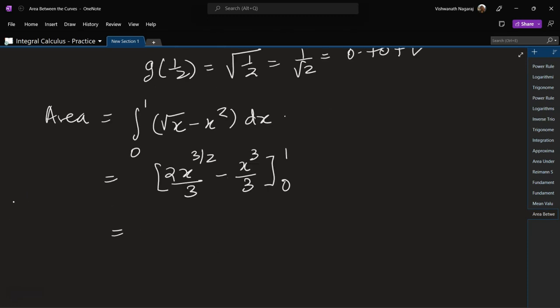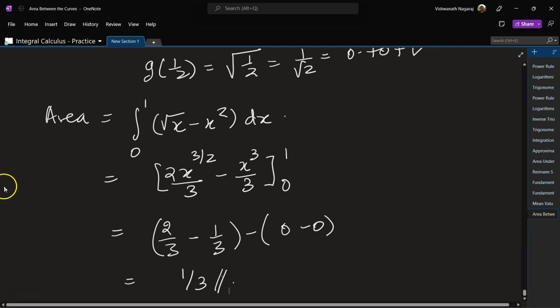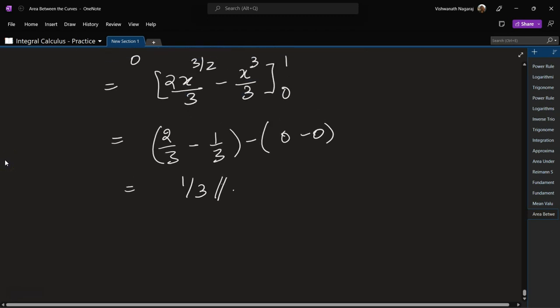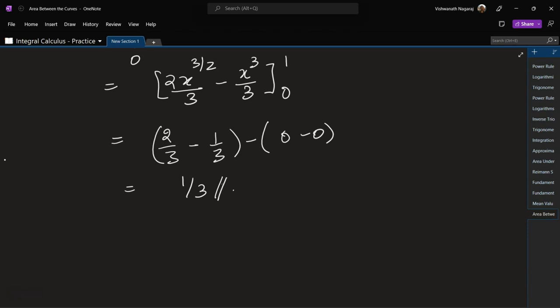So now let's do the substitutions. 2 by 3 minus 1 by 3, and 0 minus 0, which is equal to 2 by 3 minus 1 by 3, which is 1 by 3. So this is the area between the two curves in the given interval. So that was area between the curves. That's it.